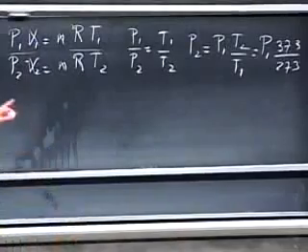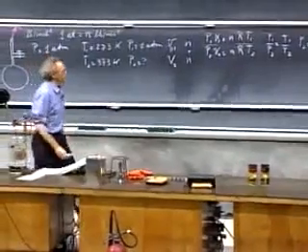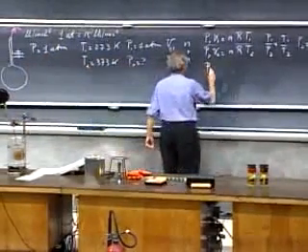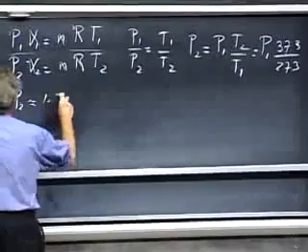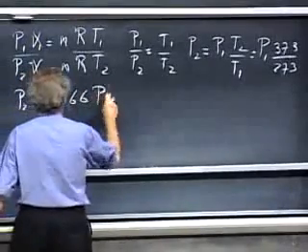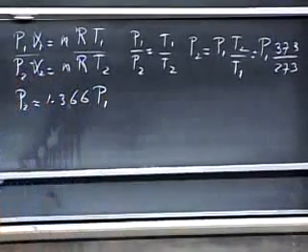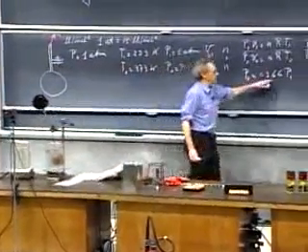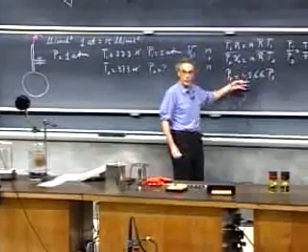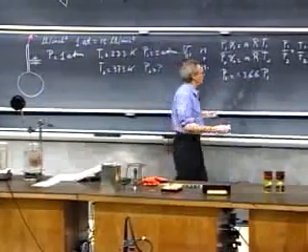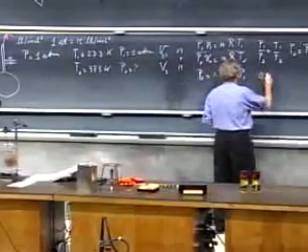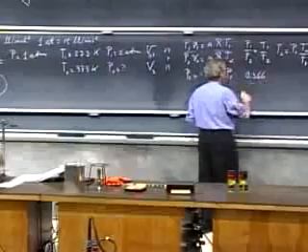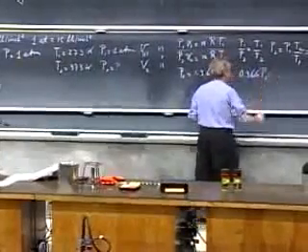And that ratio is 1.366. So P2 is then 1.366 times 1 atmosphere. Now this gauge is an overpressure gauge. So therefore, you're not going to see this number, but you're going to see the difference with 1 atmosphere. So what the gauge will show us is 0.366 times 1 atmosphere.